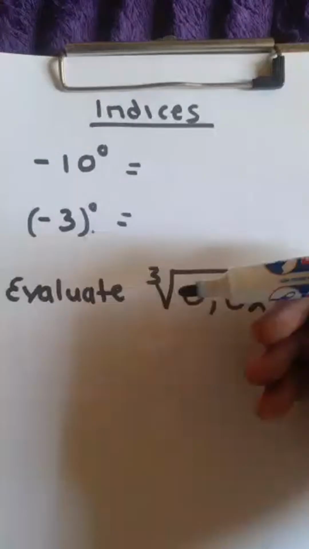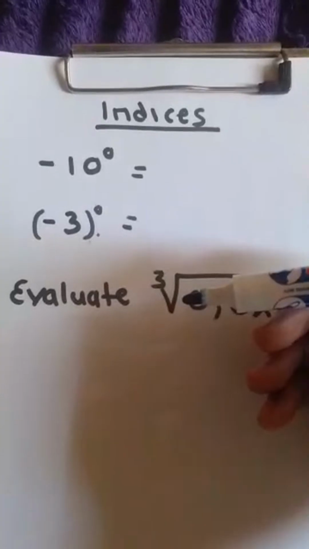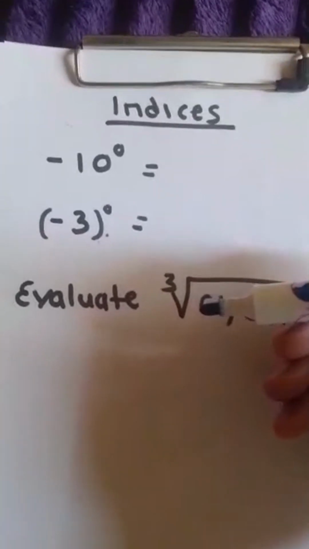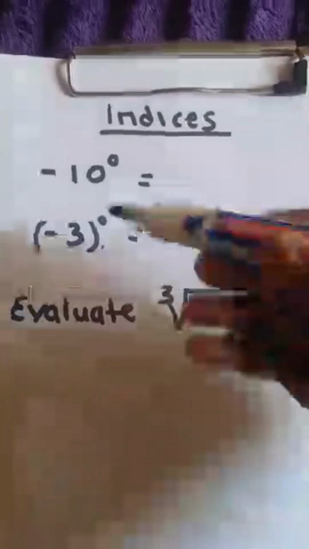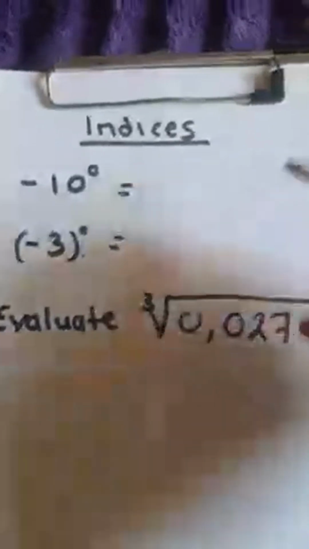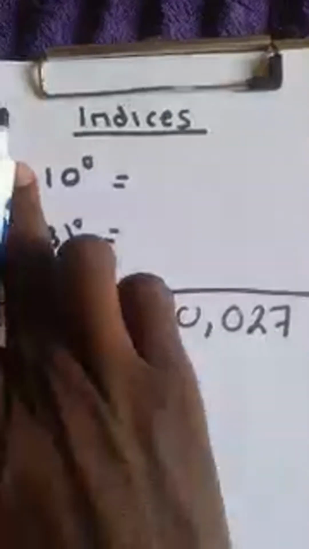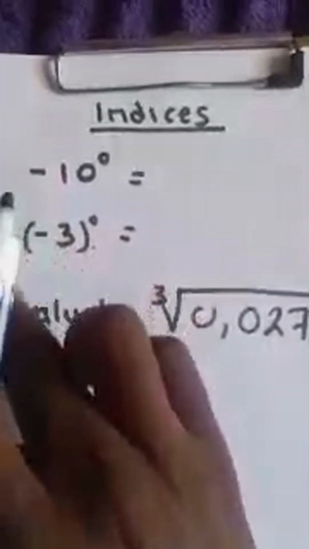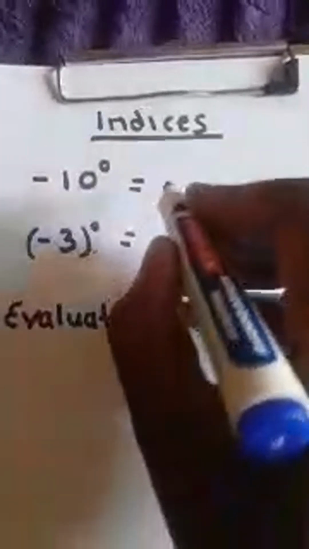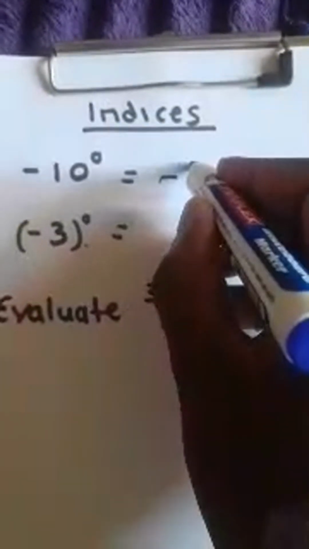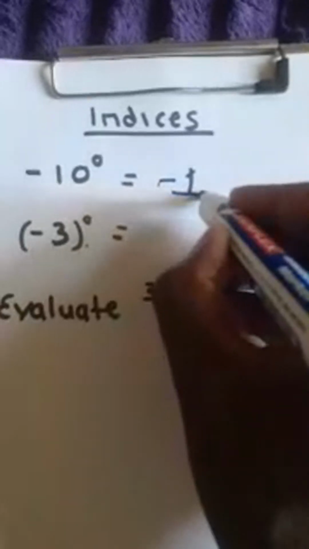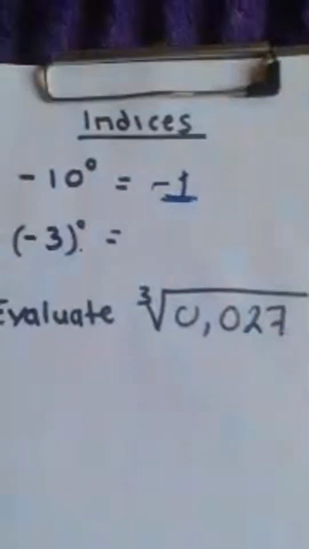One of the laws of indices states that any number raised to the power of 0 is equal to 1. So 10 raised to the power of 0 is equal to 1, but we have a negative here, so our answer will be negative 1.